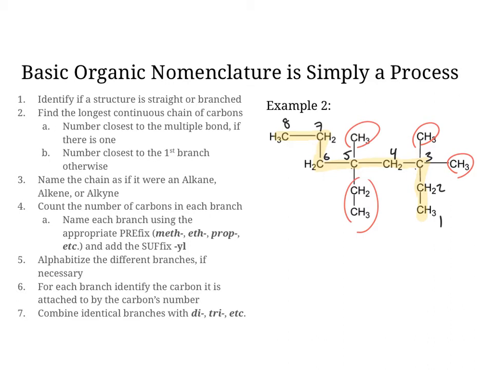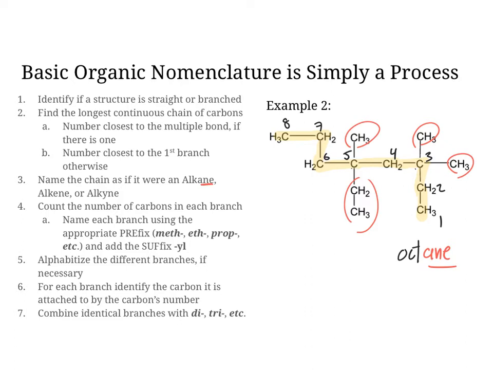The first thing I'm going to do is identify the type of chain, and I only see single bonds, so that's going to be an alkane, so it's going to end with ane. I see that it's 8 carbons long, so I'm going to use the prefix for 8, which is oct. So it's an octane. Next I'm going to figure out my branch situation.